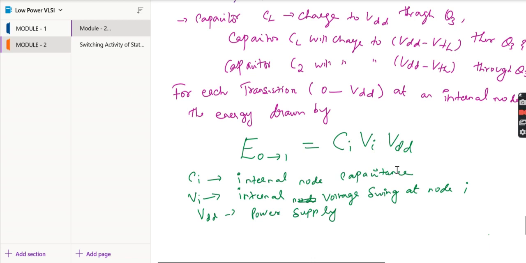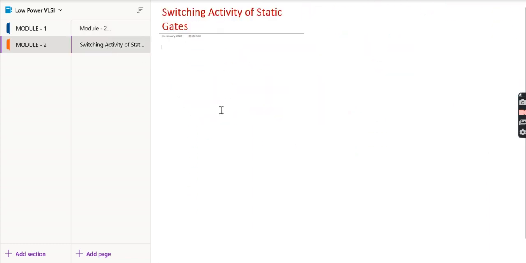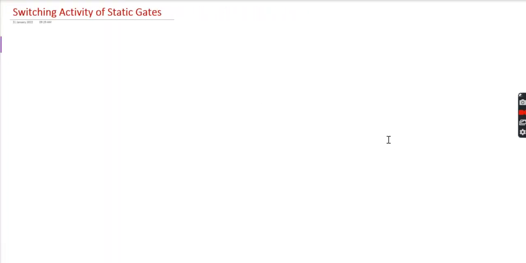But if I go for a complete switching, I will tell about that later. Before entering into that, we need to study the switching activity of static gates.